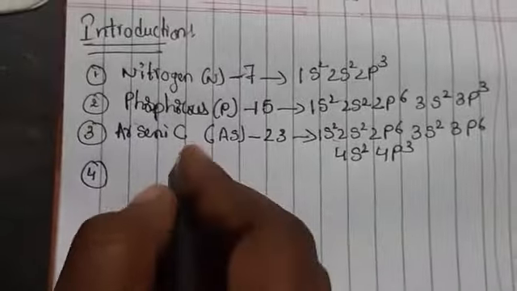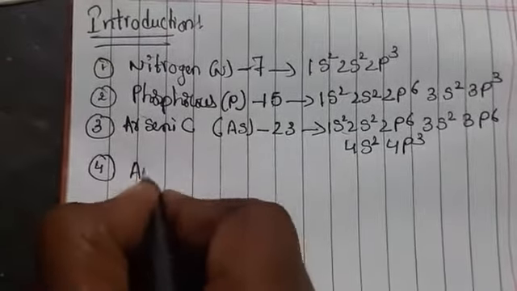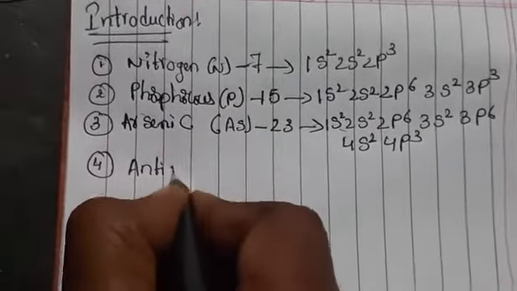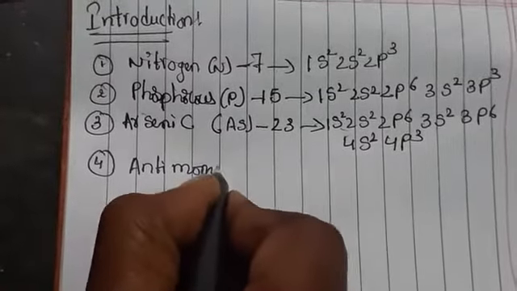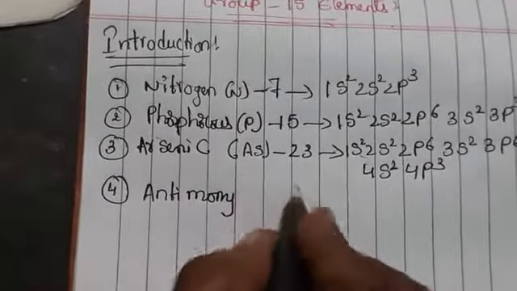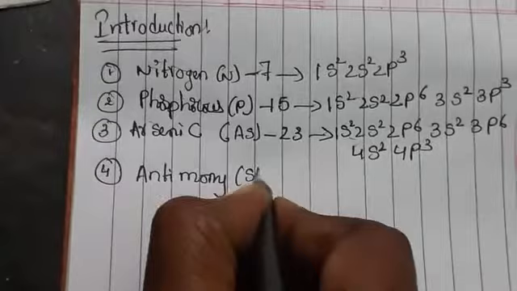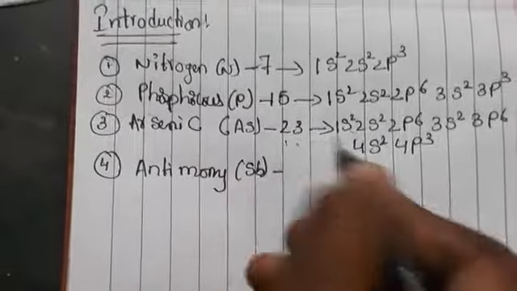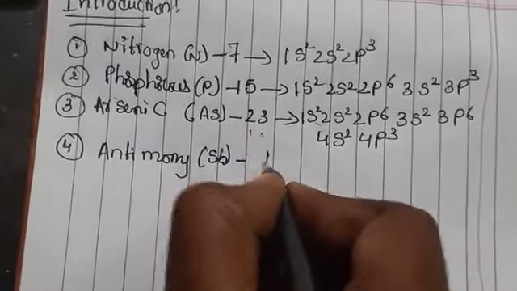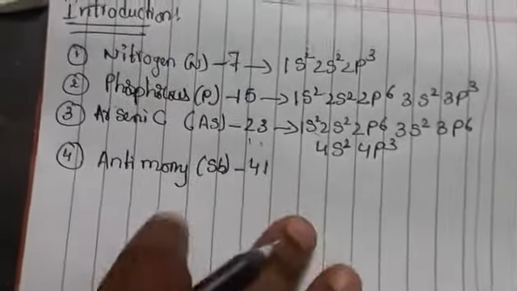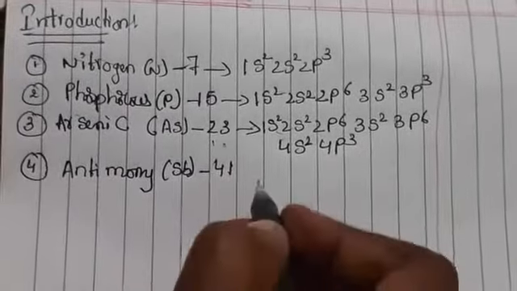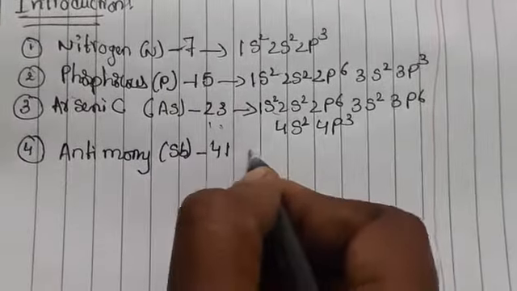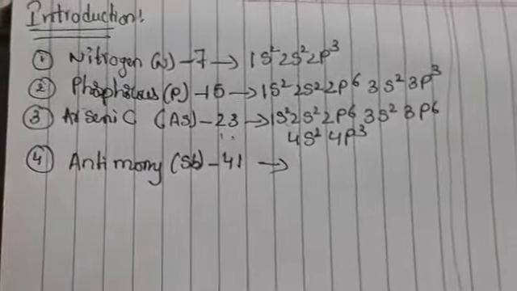So the next element is antimony. What is its atomic number? The atomic number is 51.